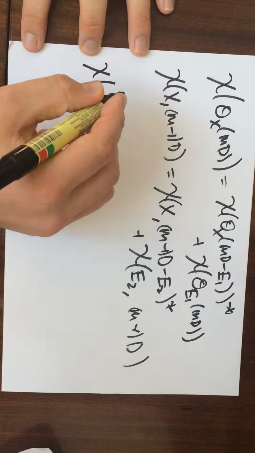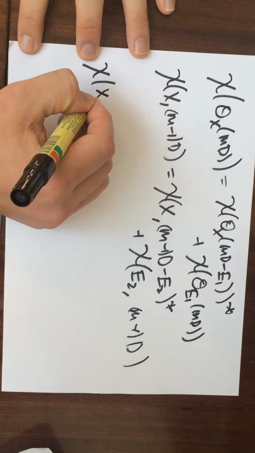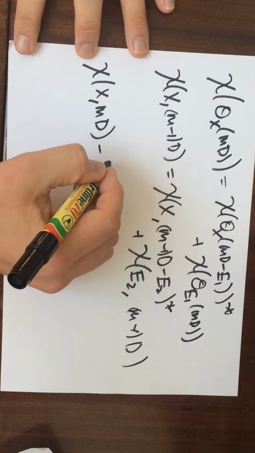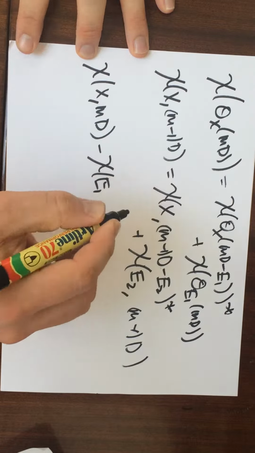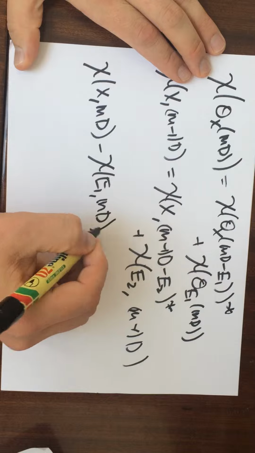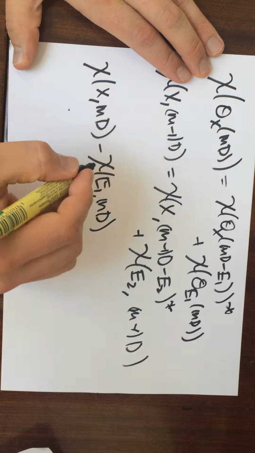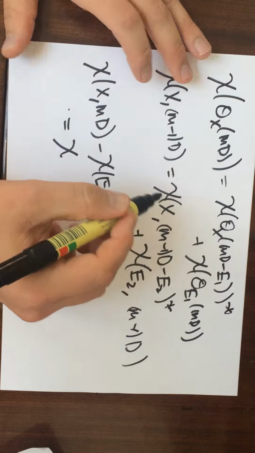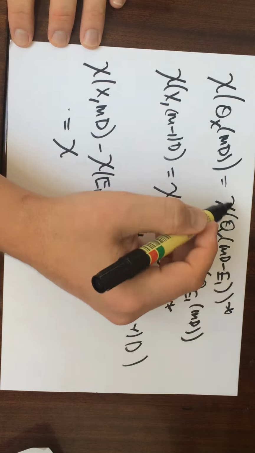Here are the equations, and so we can now set these equal to each other. We have chi of X of md minus chi of E1 of md is equal to this, which was equal to this here.